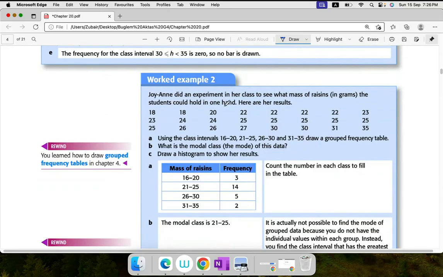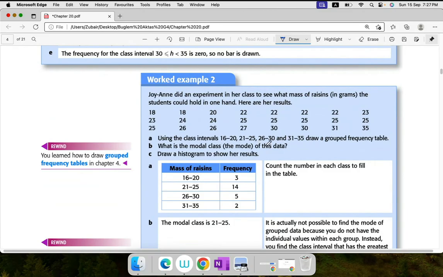Joy Ann did an experiment in her class to see what mass of raisins in grams the students could hold in one hand. These are her results. Using the class interval of 16 to 20, 21 to 25, 26 to 30, before we draw, I can just see the gap from 20 to 21. Now that's a gap. 25 to 26, that's a gap.